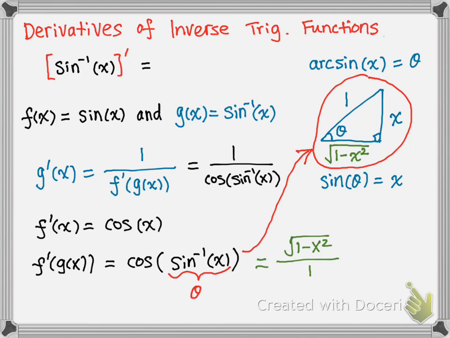So in that case, you can replace this expression by just this expression to get the answer. It is 1 over square root of 1 minus x squared. So that is the derivative of sine inverse of x.